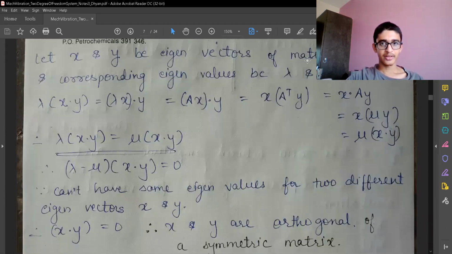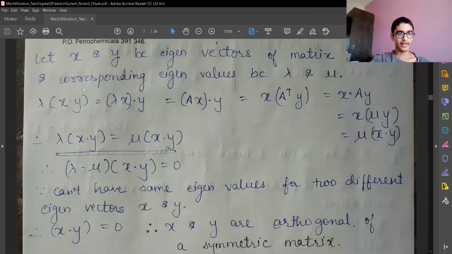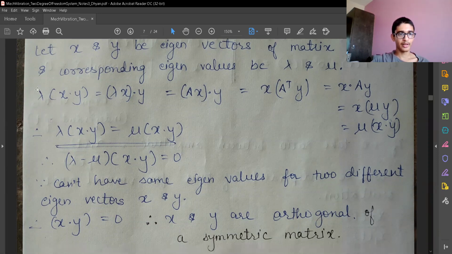So now we'll take the case that X and Y be eigenvectors of matrix A, and corresponding eigenvalues will be lambda and mu. So there are two different eigenvectors, and correspondingly we'll have two different eigenvalues for the same matrix A. So lambda into X dot Y is this value, which is mu into X dot Y. This is only coming because lambda and mu are two eigenvalues.